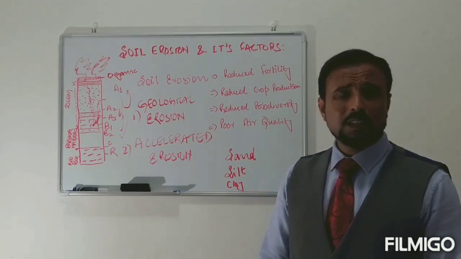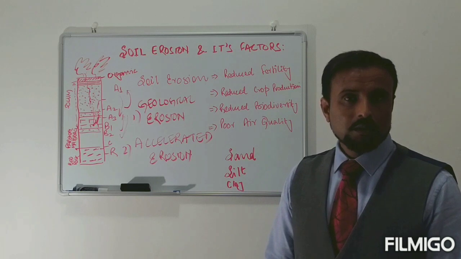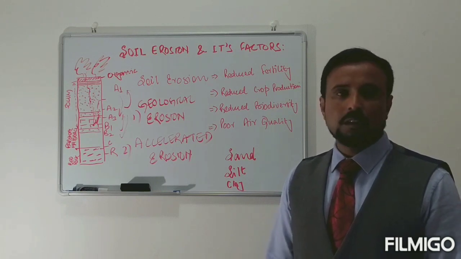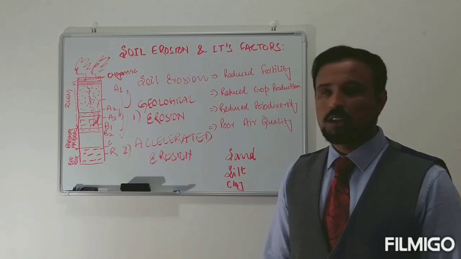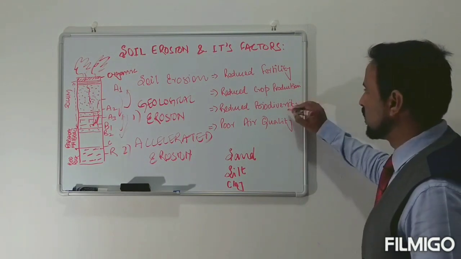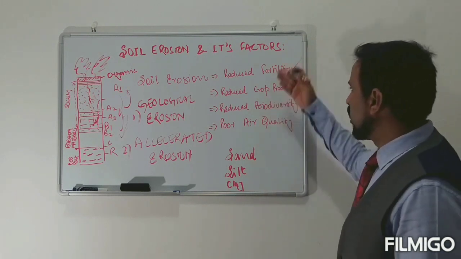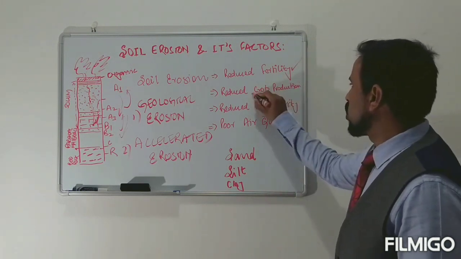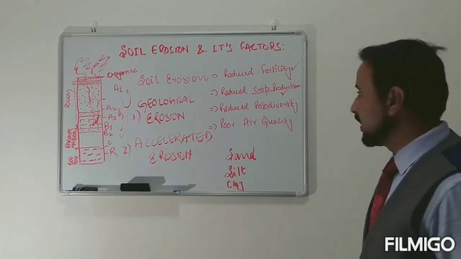And basically, when soil erosion happens in a soil, what happens? The very general, expected answer is that soil loses its fertility and productivity. When soil loses its productivity, the crop production from a particular land area also gets reduced.